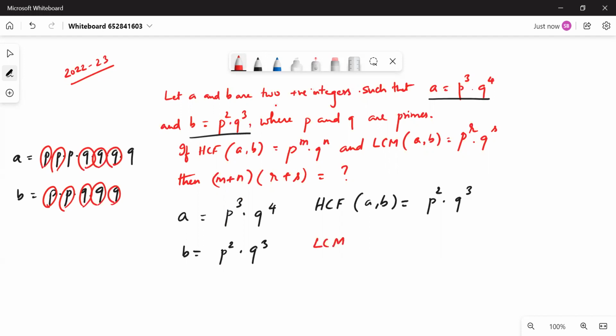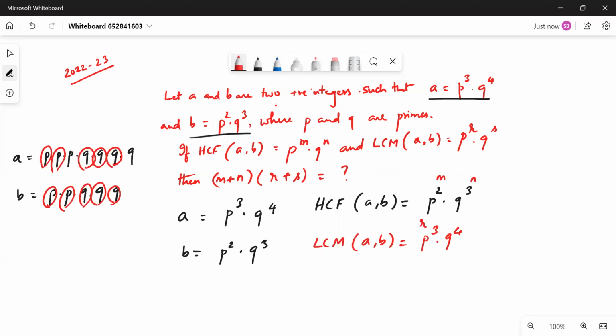And when it comes to LCM of A, B, what is the highest power? 3 is the highest power, so P cube. 4 is the highest power, so this is Q power 4. Now can you tell me what is the value of M and N? M is 2, N is 3.